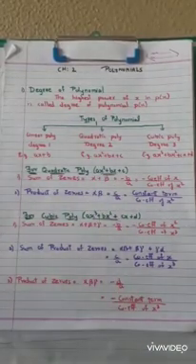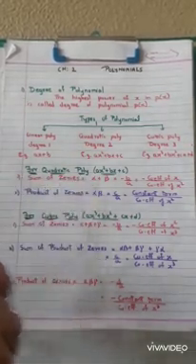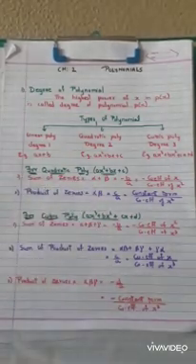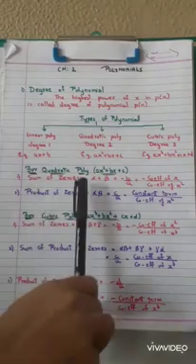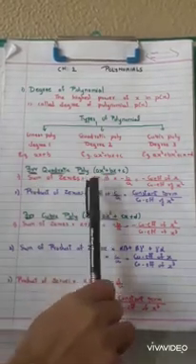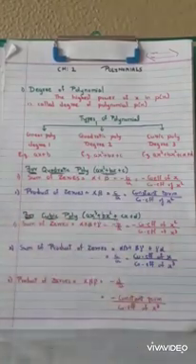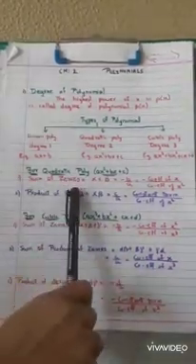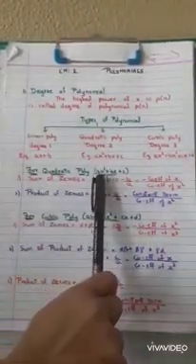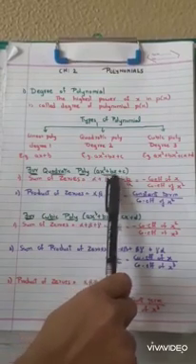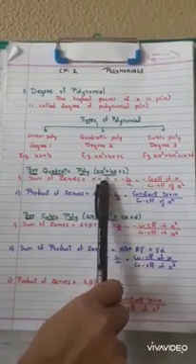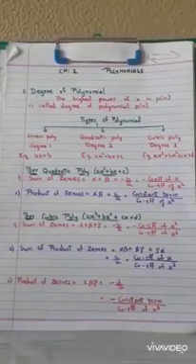Now suppose the question is to find the sum of zeros. Whatever zeros we get, we have to add them. That means the two zeros are alpha and beta, and alpha plus beta is equal to minus b upon a. In the case of a quadratic polynomial, the coefficient of x square is a, the coefficient of x is b, and the constant term is c.